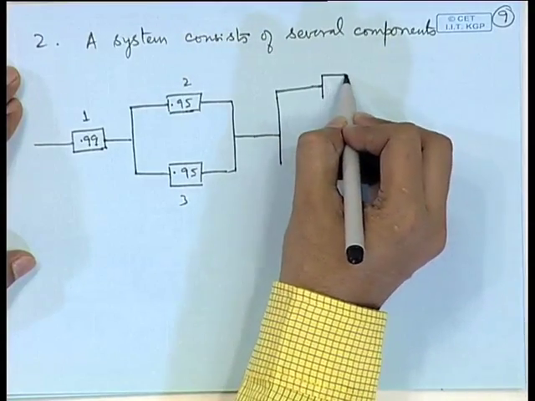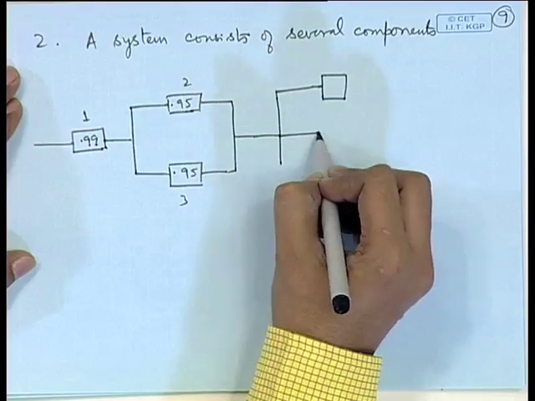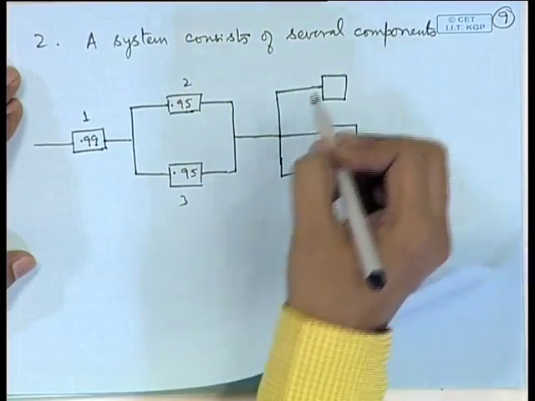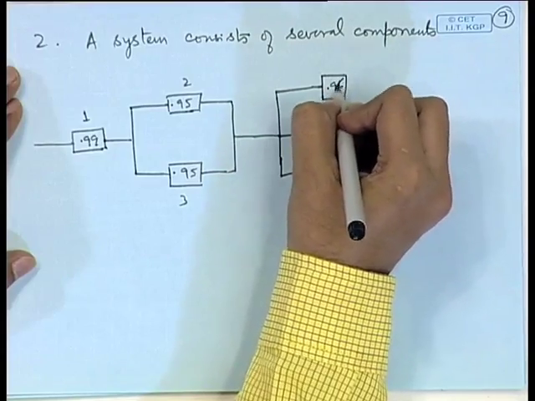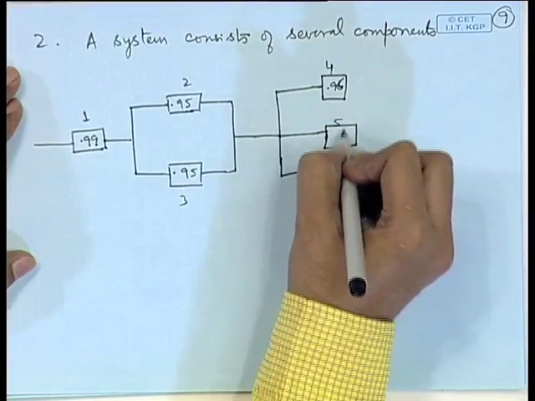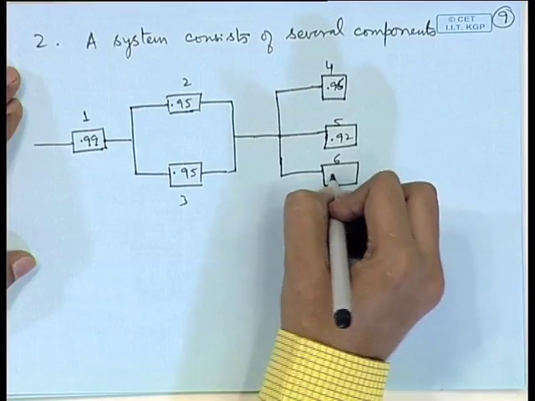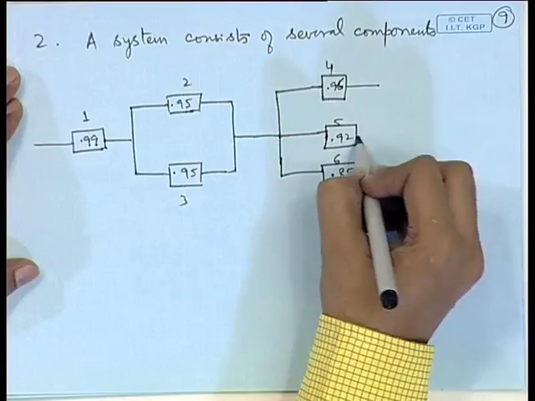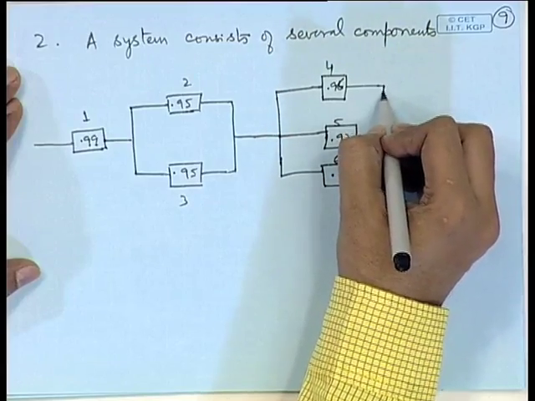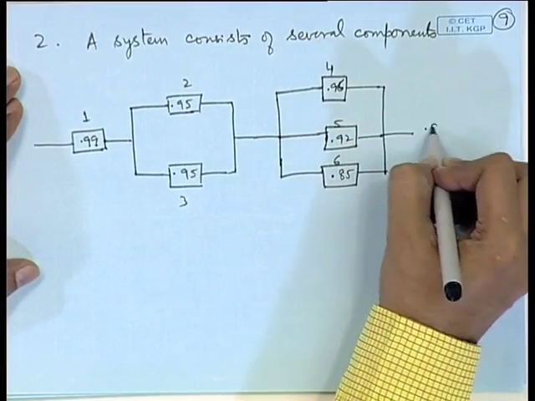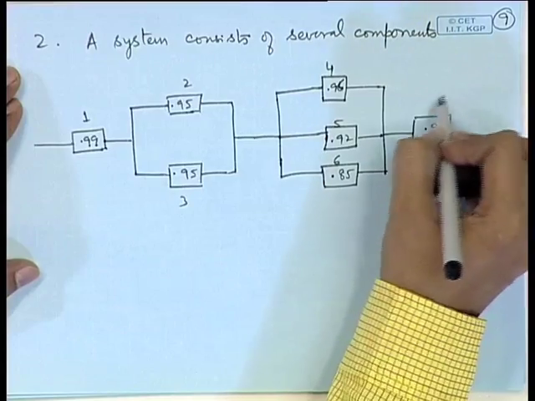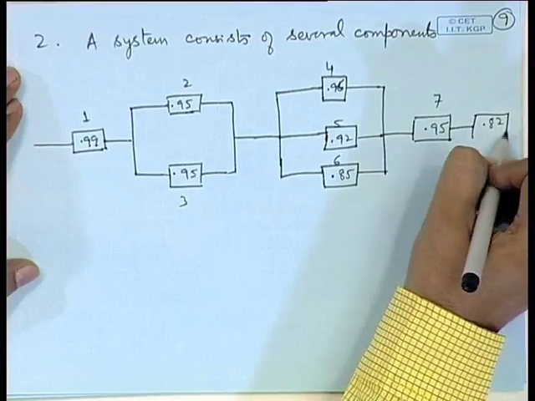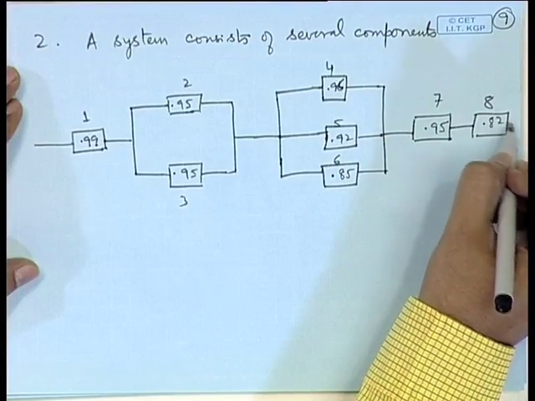The next part consists of 3 components connected in parallel, with the reliability 0.96 for component 4, 0.92 for component 5 and 0.85 for component 6. The next one consists of a single component, 0.95, and the next one consists of a single component.